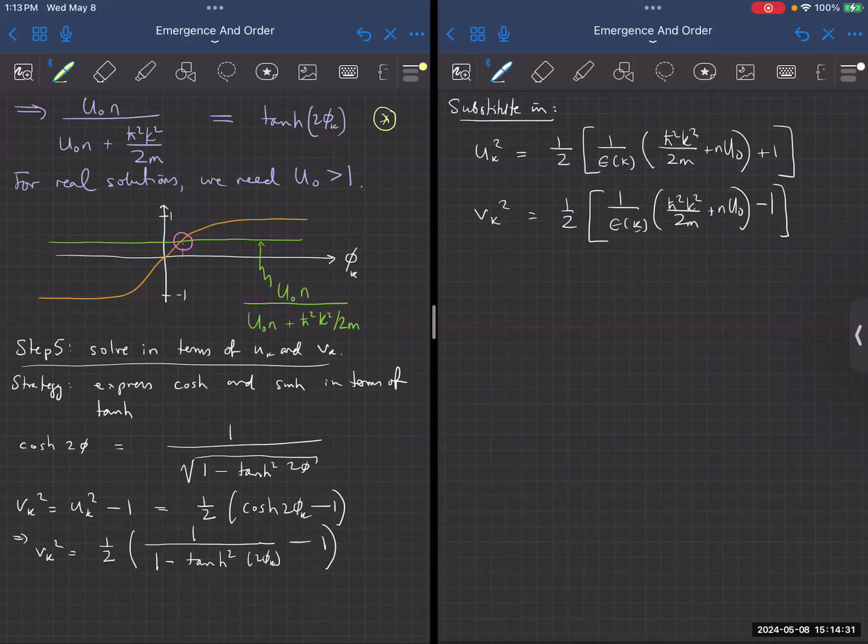It looks like that. And this variable epsilon of k, we can just read it off, is h bar squared k squared over 2m squared plus 2n u naught h bar squared k squared over 2m, square root.